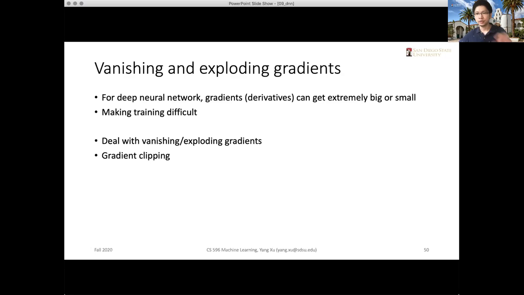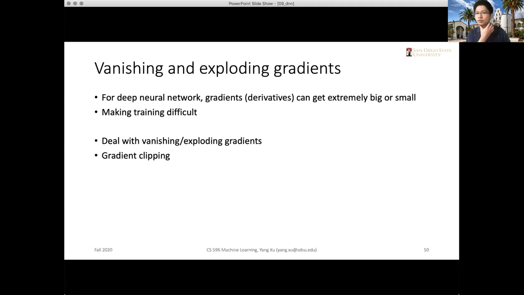In a neural network, they are usually computed in a backward propagation style. Okay, and the nature of the gradients is just the derivatives of the cost function with respect to the parameters. So the issue is that in a deep network, the gradients can get extremely big or small.